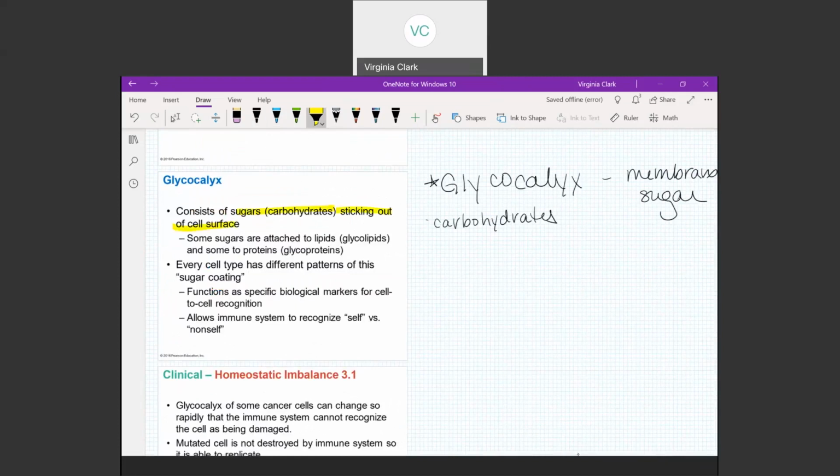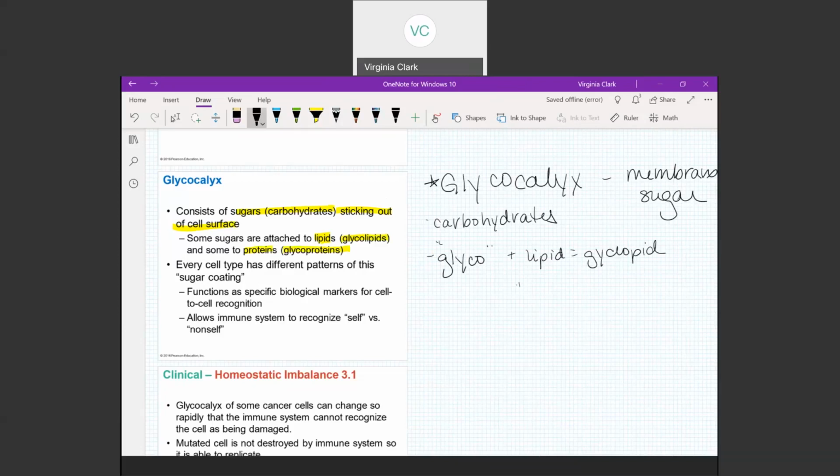Some are going to be attached to lipids. If it's attached to a lipid, it's going to be a glycolipid. If it's attached to a protein, it's going to be a glycoprotein. So remember, when you're looking at those, the prefix in science is really important. So the prefix here is glyco, which means sugar. So if it is sugar plus a lipid, it is a glycolipid.